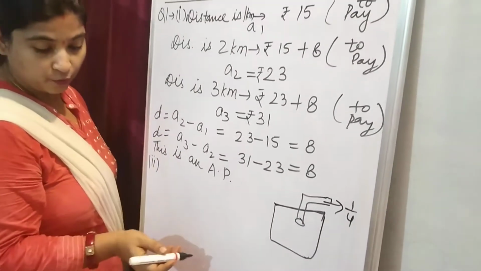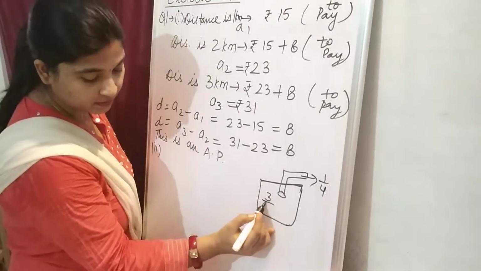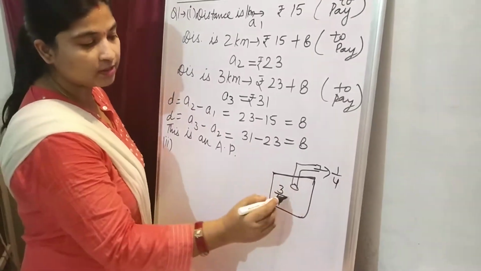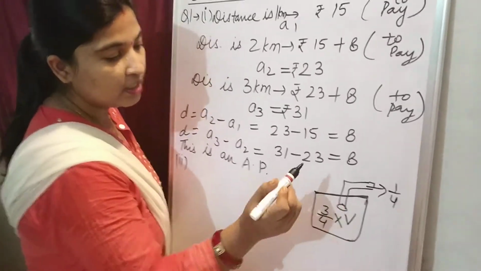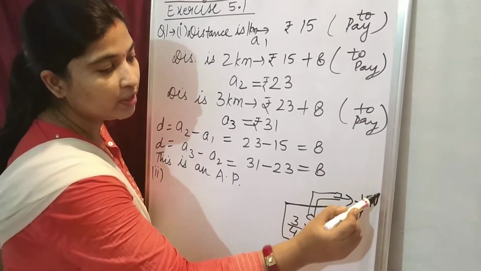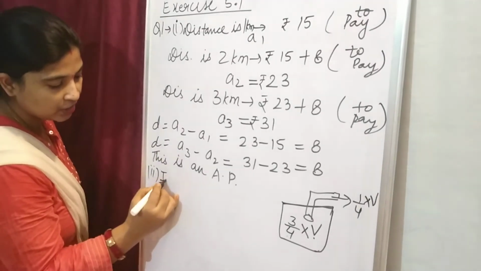Okay, 1/4 of the air is removed already. So what amount of air will be left in the tank? 3/4. If you are assuming the volume of tank be V, then 3/4 volume will be left and 1/4 volume will move out.